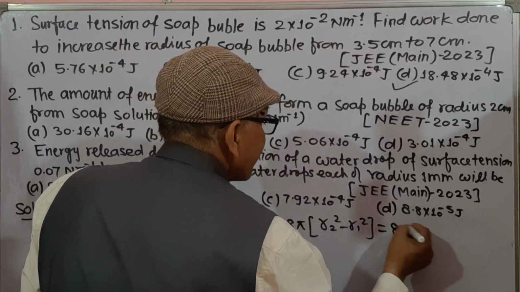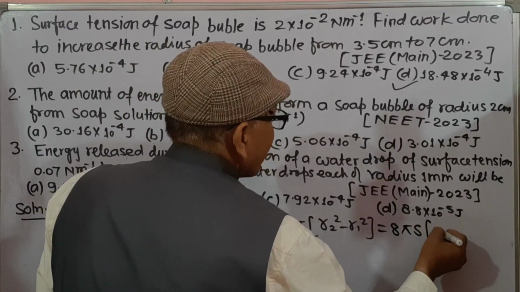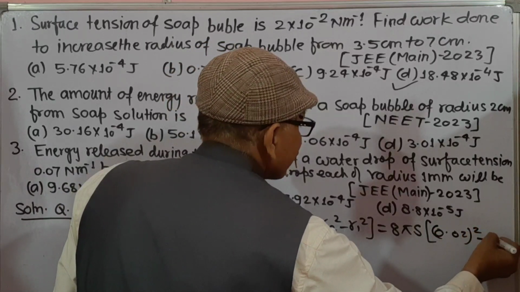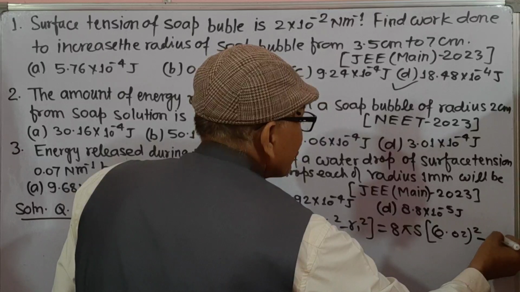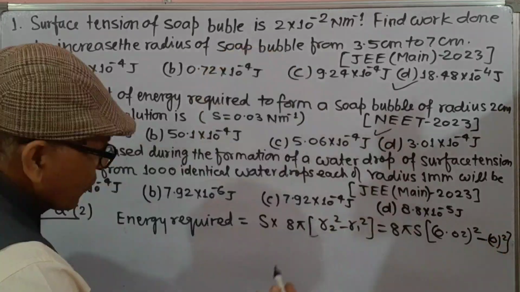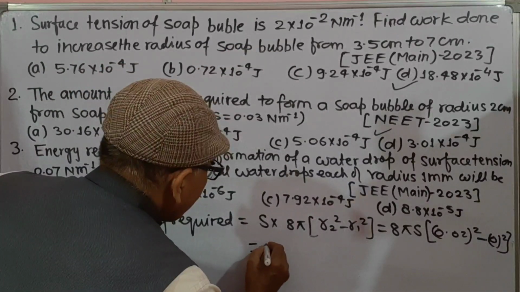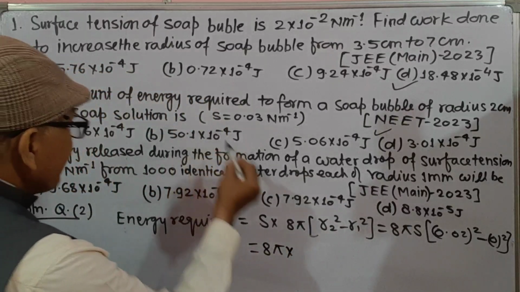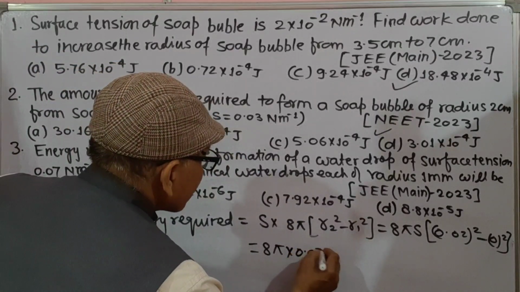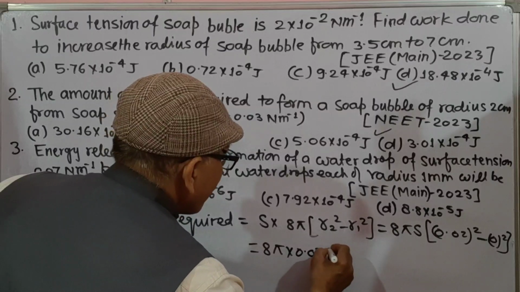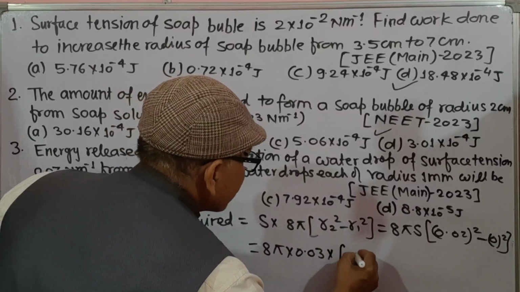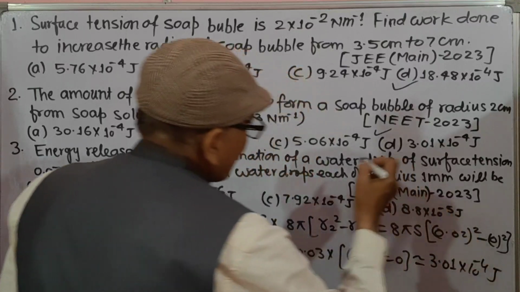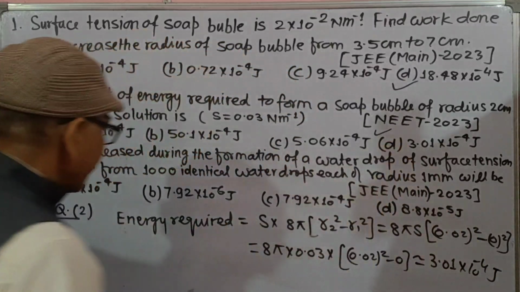So 8 pi into R2 is 0.02 square, and initially radius is 0. So it will be equal to 8 pi into surface tension, which is given to be 0.03, into 0.02 square minus 0. So, option D is correct one.